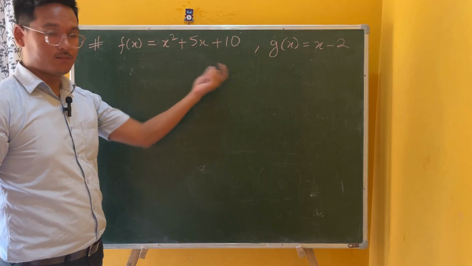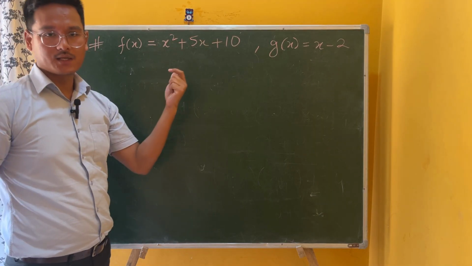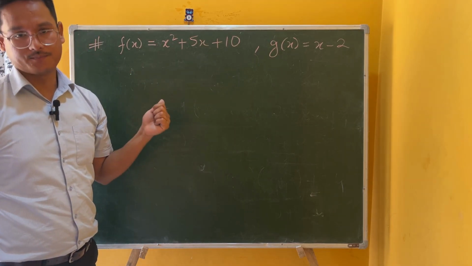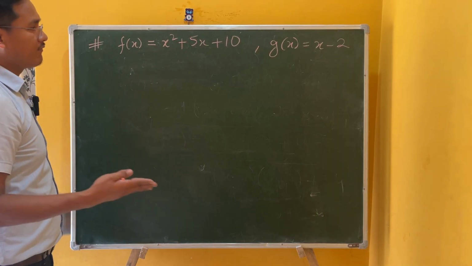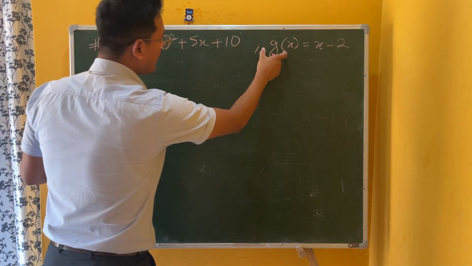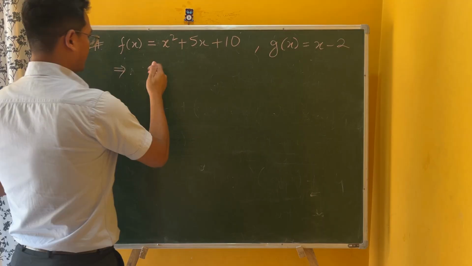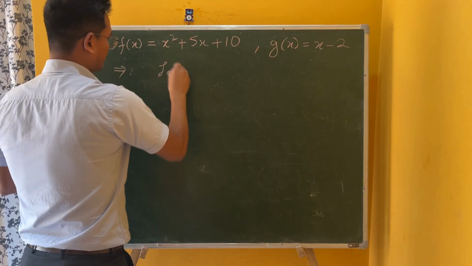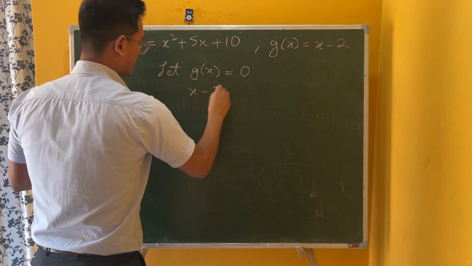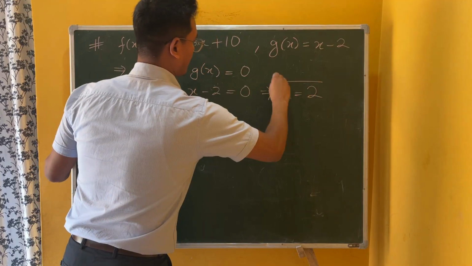All right, same problem. You have the same polynomials f(x) and g(x). Now also we are dividing f(x) by g(x) and finding the remainder. Another way of finding the remainder is that you equate g(x) to 0. Whoever is the divisor, that means x minus 2 equals 0, so x equals 2.